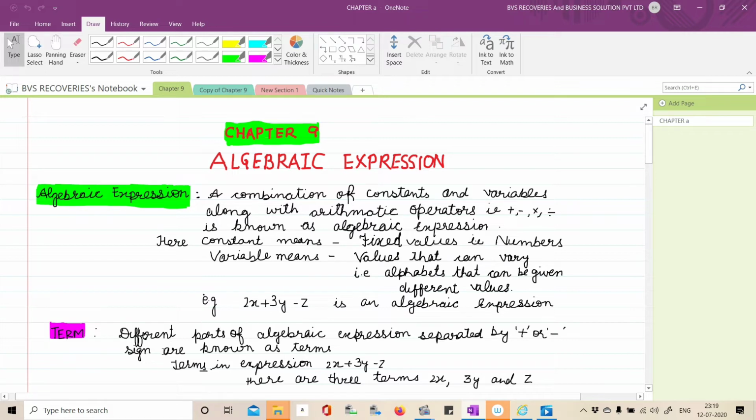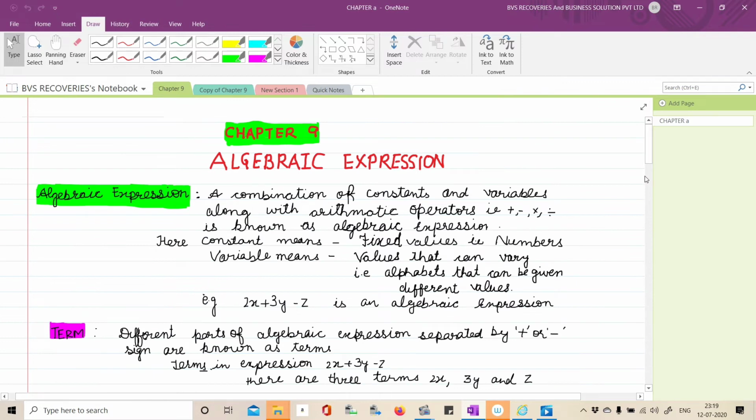So let us read it. Different parts of an algebraic expression separated by plus or minus signs are known as terms. So in this expression 2x plus 3y minus z, 2x, 3y and z are different terms.